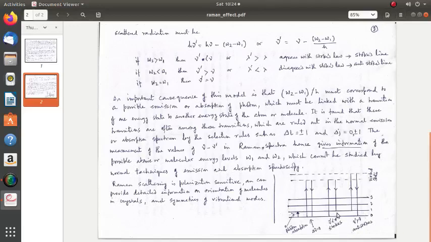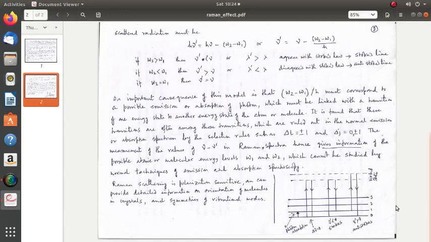So the emitted radiation will have less energy, and we know that the energy is E equal to h nu. That means nu dash is less than nu. That is the Stokes line. Because nu dash is less than nu, lambda dash is greater than lambda. So that is something which is agreeing with the Stokes law of fluorescence. So that is Stokes line.